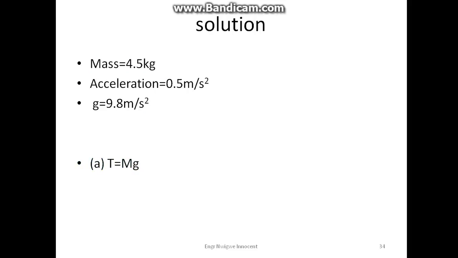For uniform speed, the tension T is equal to mg. Therefore, tension is equal to force, which is equal to 4.5 times 9.8, which will give us 44.1. For accelerating downward, mg minus T is equal to ma.